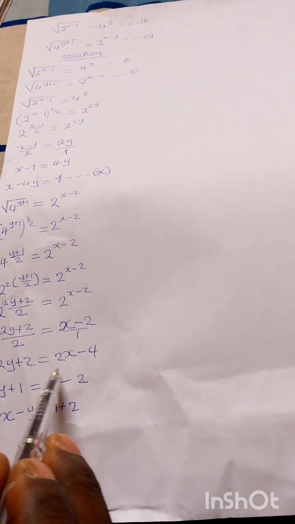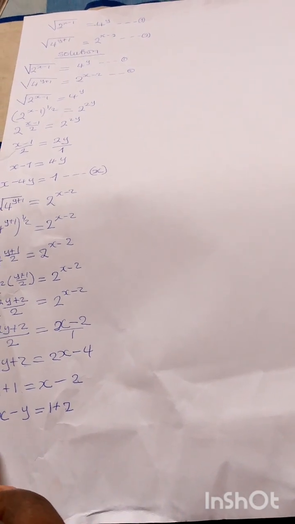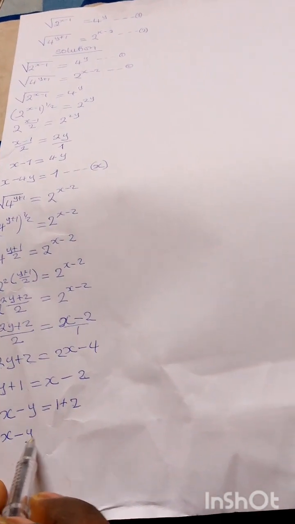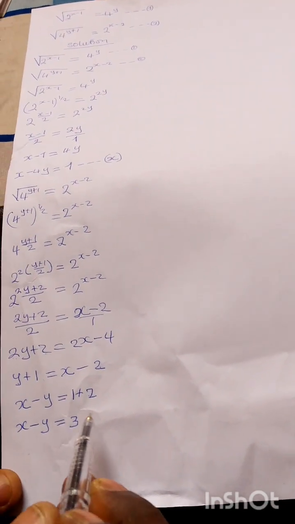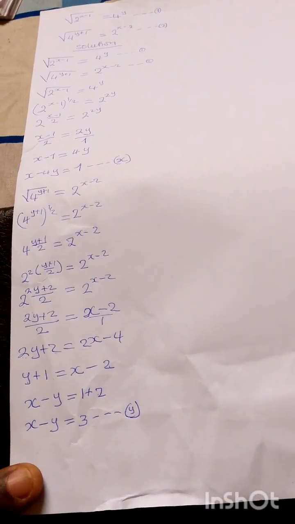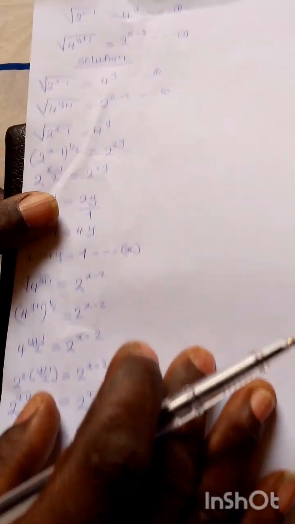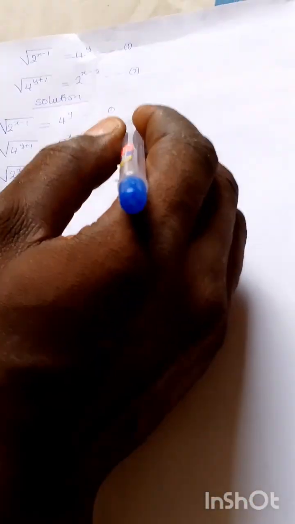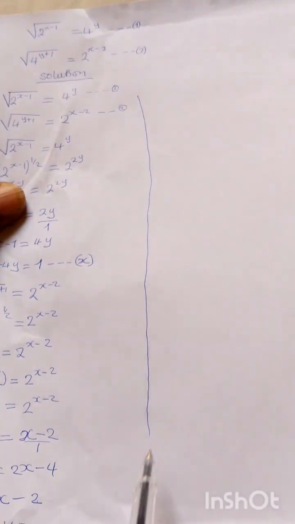This one crosses, becomes positive, so that we'll have x minus y equals 3. Now let's call this one equation y. Okay, so let's get more space here. So we can now bring the two equations together.